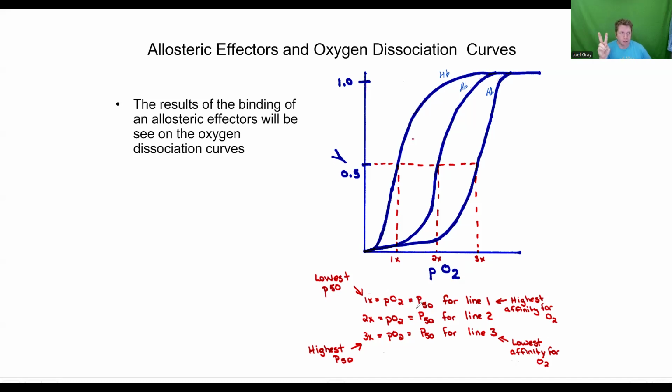The second thing I want you to recognize is they all effectively reach the same saturation point. I think this is a pretty common convention. Even though these proteins don't reach 100% saturation, they get very close to it, and so you have a drawing that effectively shows they got to 100% saturation. But that's, again, just artist interpretation, artist rendering.